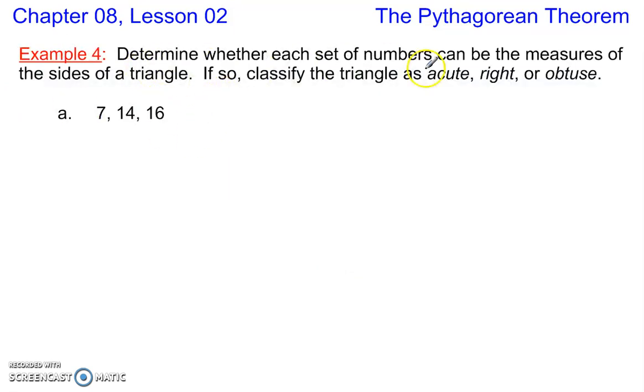So, we want to look at these numbers and check to see, first off, can these be the sides of a triangle? If they can, is it acute, right, or obtuse?